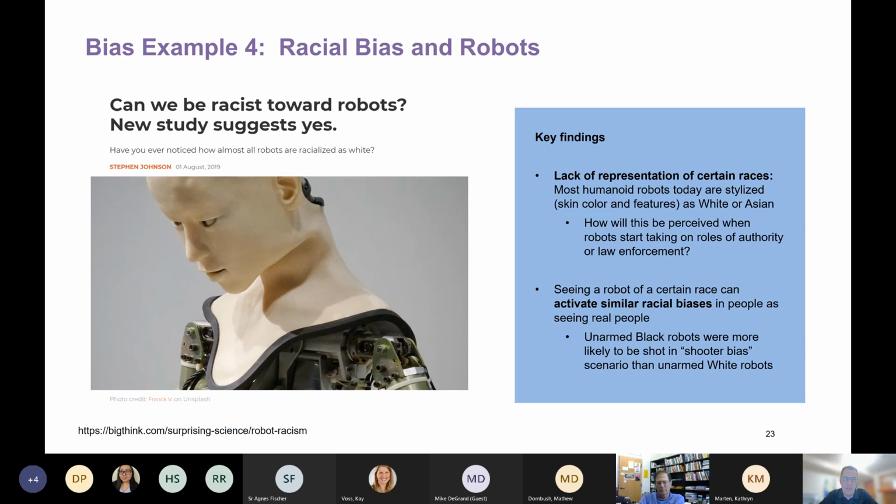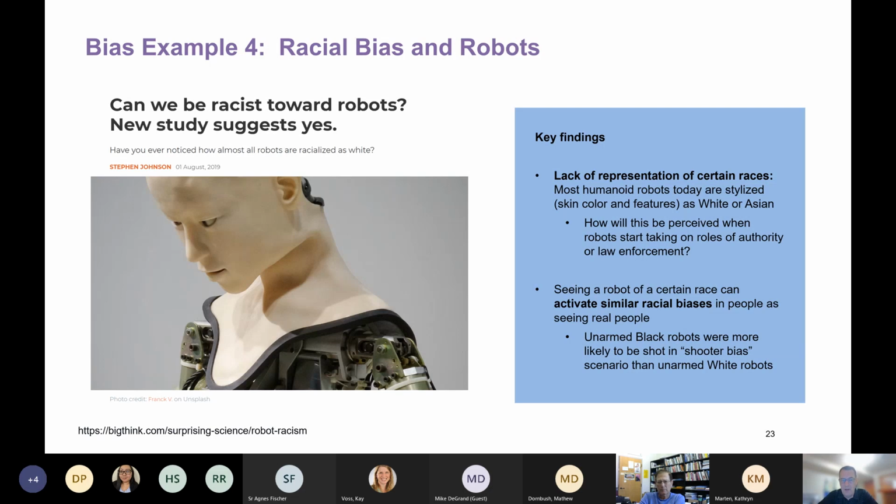The second aspect is that today, the vast majority of robots that are out there, the humanoid robots, I should say, either have an Asian or a white look. So now imagine these robots are taking on increased responsibilities, and we talked about their growing capabilities.